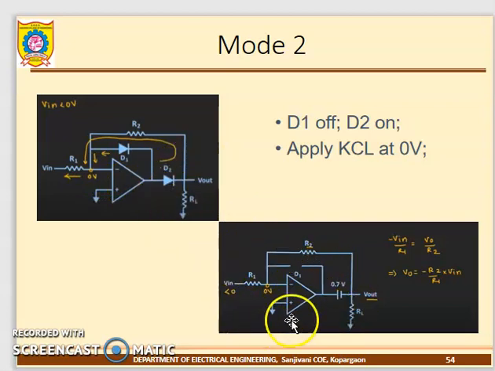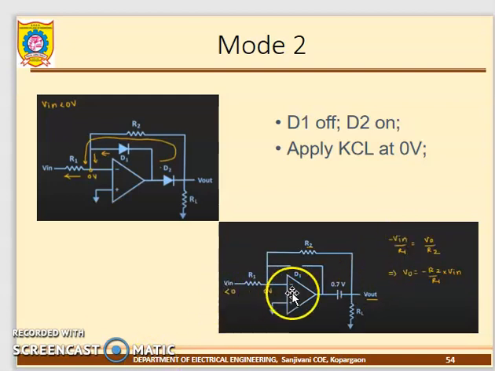During the mode 2 condition, what will happen? D2 is on, but D1 is off. You have the possibility of current flowing from here, the negative voltage, and flowing here. Apply KCL at the point of 0 voltage: incoming current is equal to outgoing current. The incoming current, by Ohm's law, I equals V by R, is V in divided by R1.